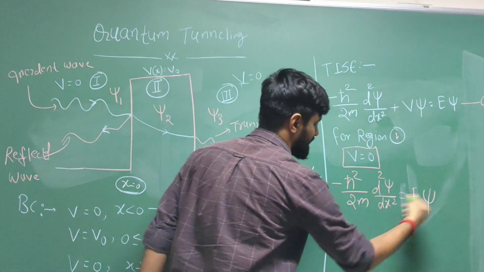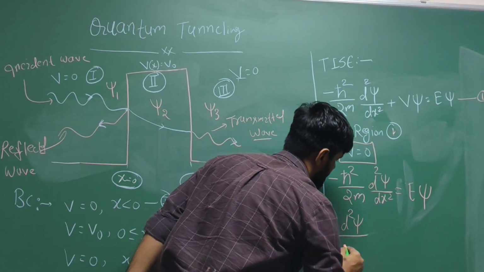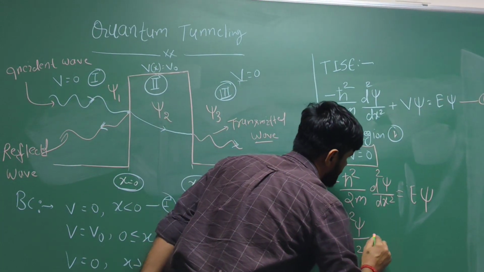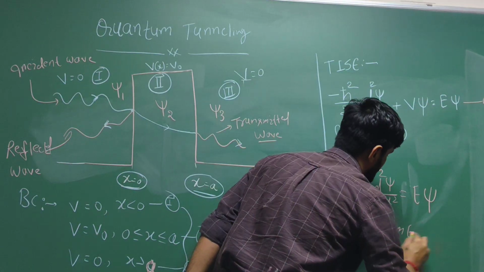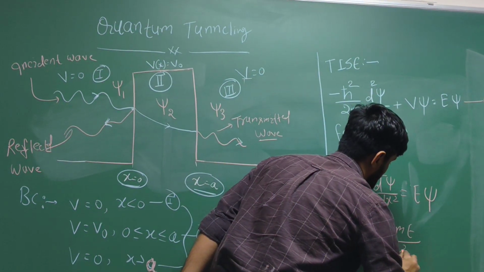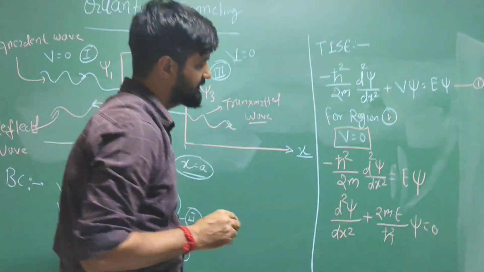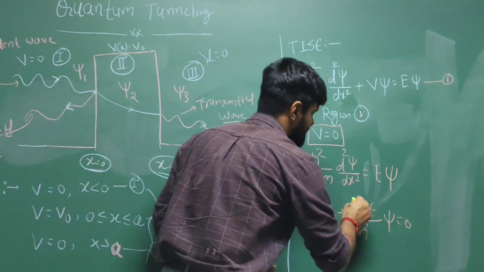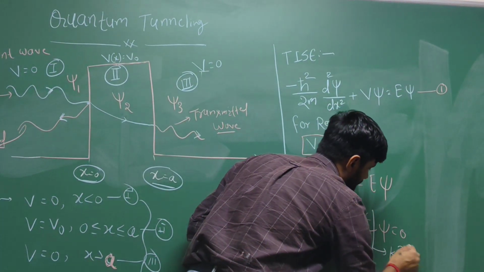Is that clear? Now if we rearrange, you can write d2 psi by dx squared plus 2mE by h bar squared psi equals 0. Is that clear? Here I assume the value 2mE by h bar squared as, let's say, k1 squared.